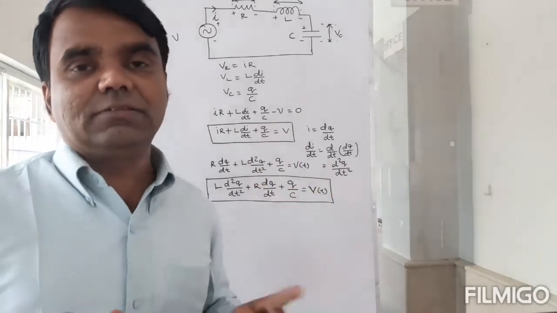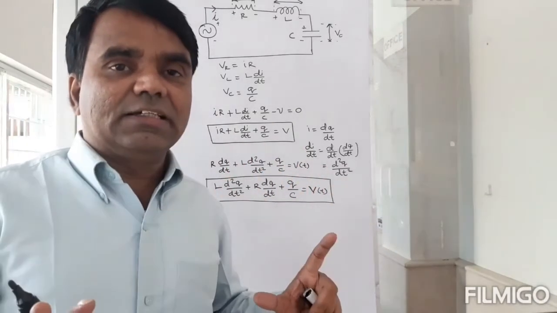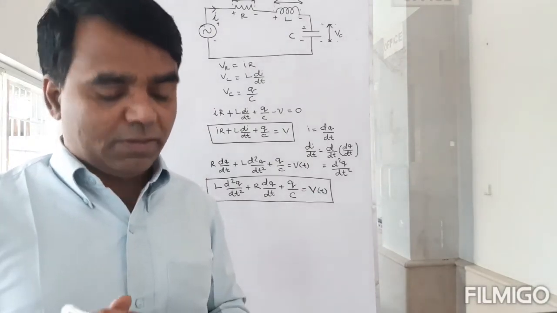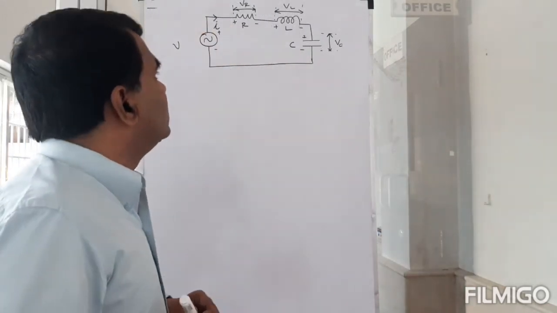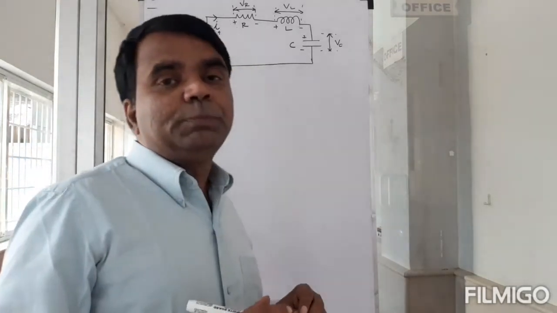I'm going to find the resultant using the Phasor diagram, which is much easier for us to do. We will do the Phasor diagram for this now. So what do I know?